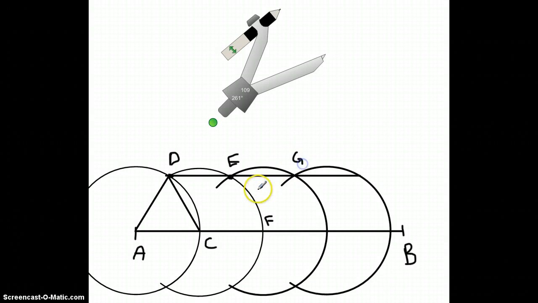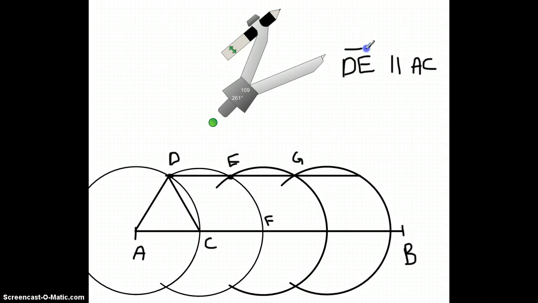So we can see clearly that line DE is parallel to line AC, which is what we started with, which was our ultimate goal.